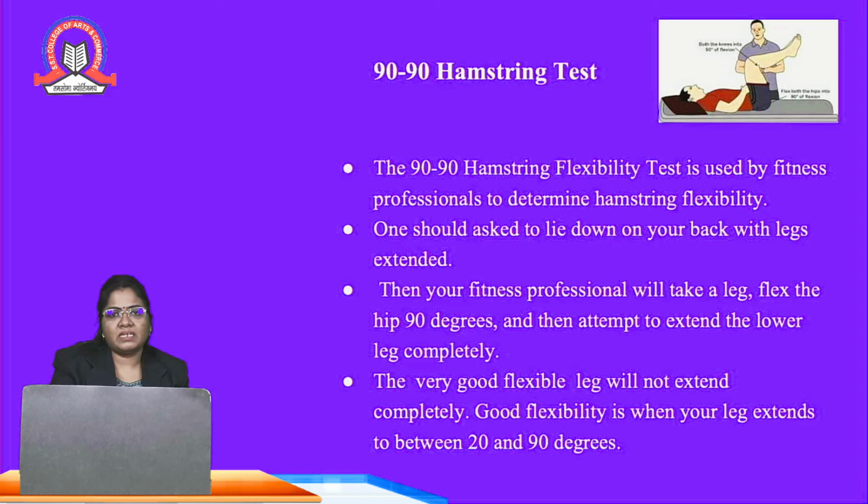When the professionals do this with their experience, they are able to find the flexibility of a person. A very flexible leg will not extend completely. Good flexibility is when your leg extends to between 20 and 90 degrees.